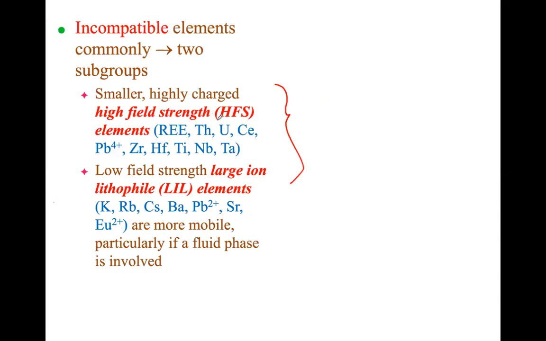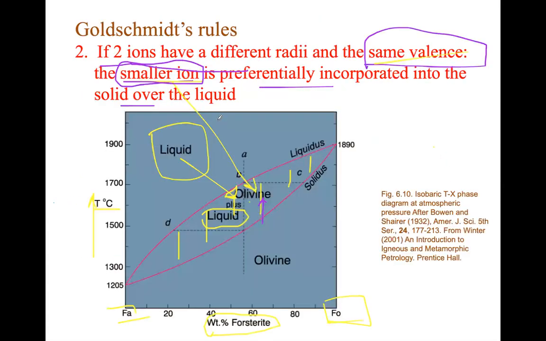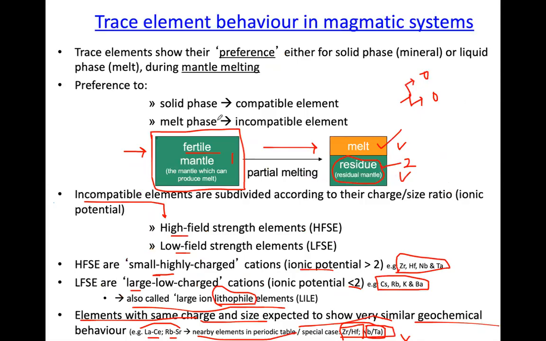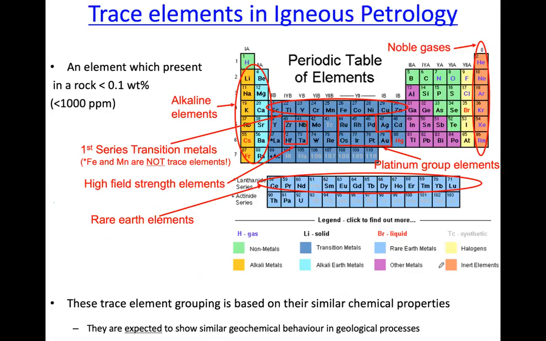because for the high field strength elements, previously I did not show you the full list. The typical high field strength elements that I showed you are zirconium, hafnium, niobium, tantalum, right? You can see zirconium, niobium, these two, and hafnium, tantalum, right? These elements are high field strength elements, but not only those.